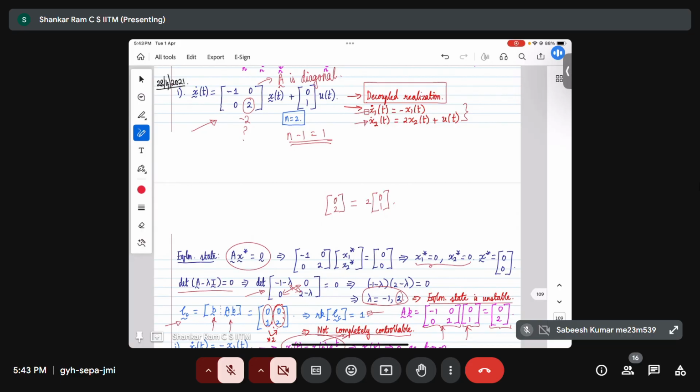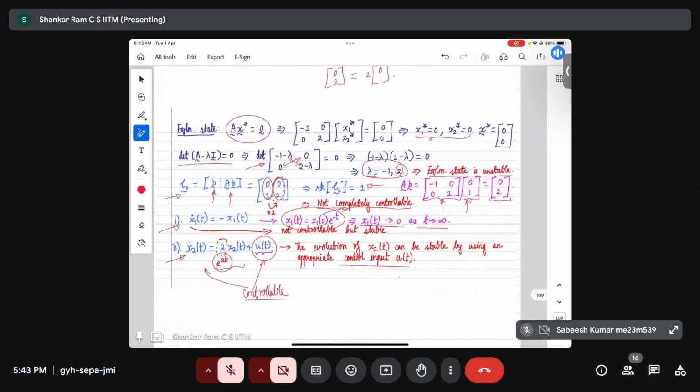Now, just to motivate that, I used decoupled and coupled realization. That's about it. If you use a decoupled realization, the fact that U does not explicitly appear in all the state equations means that it's not completely controllable. But it's not the case in a coupled realization.